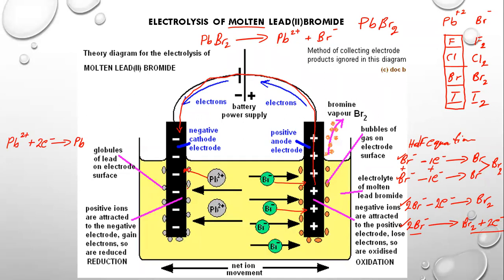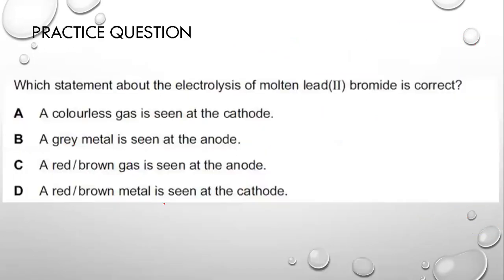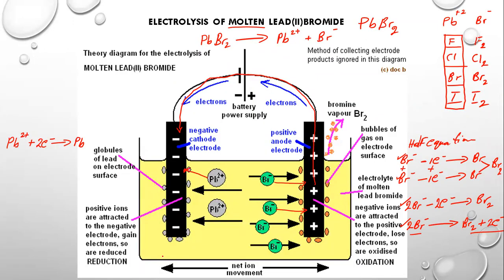Eventually, these beads of lead will get so heavy as layers and layers are coated onto the existing layers, they will fall off and form a heap of lead below there. So there you'll have pure lead forming below. That is the lead that would have fallen off from your cathode.